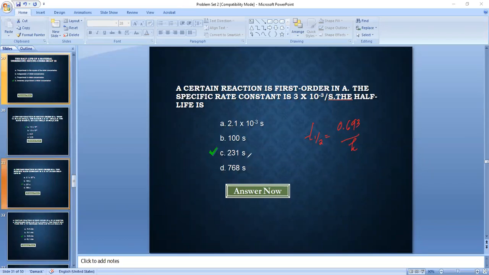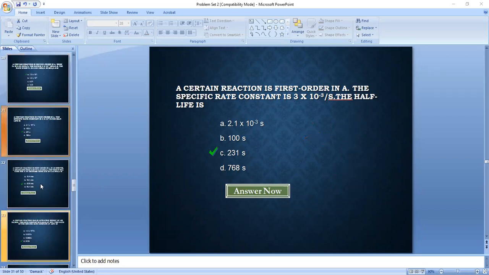And that's it. You will have 0.693 divided by 0.003. It will be giving you 231 seconds. Okay? So formula only. The key is the formula. Go to the next.